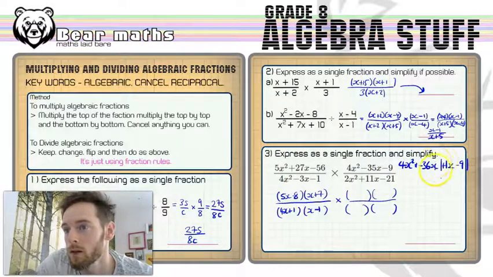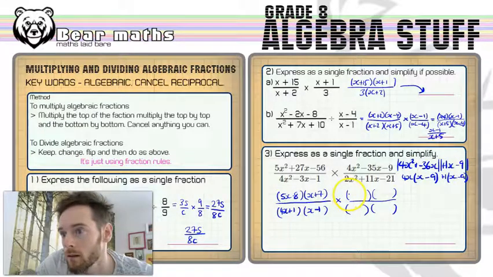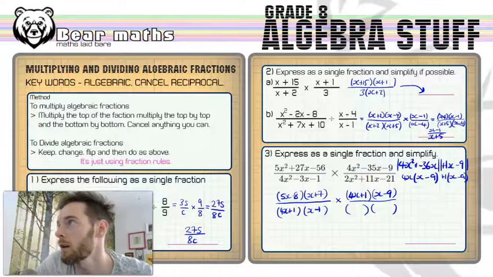It doesn't matter which way around it goes, in all honesty. Section it off. 4x minus 9, and then plus the 1x minus 9. So that double bracket becomes 4x plus 1 and x minus 9.